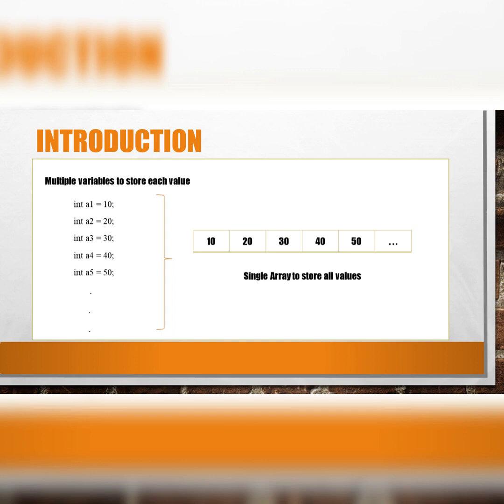With arrays, yet another storage structure of C programming, this problem is sorted out. An array could be used to store multiple values in a single variable instead of declaring separate variables for storing each value.